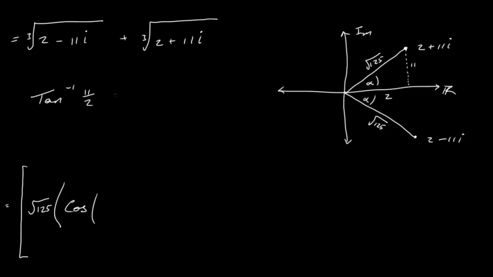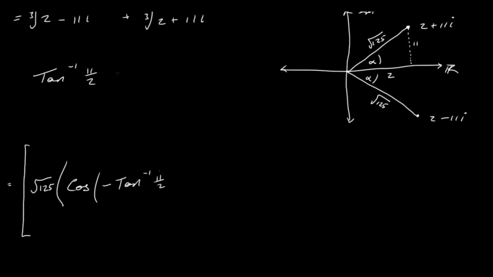It's going to be the cos of minus tan inverse 11 over 2 plus 2n pi. So this is the general polar form. So it's plus i sine of minus tan inverse 11 over 2 plus 2n pi.